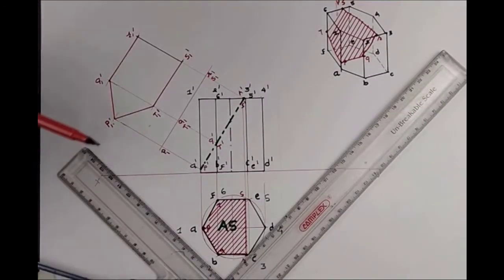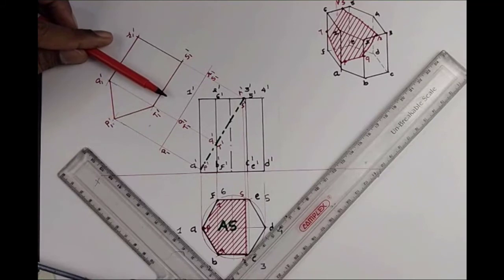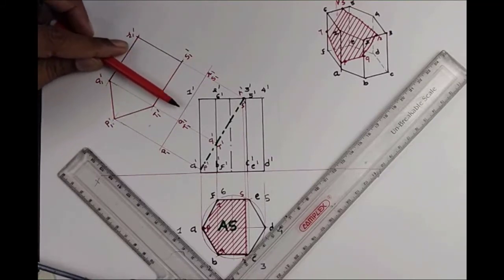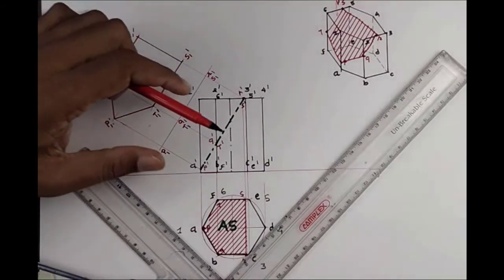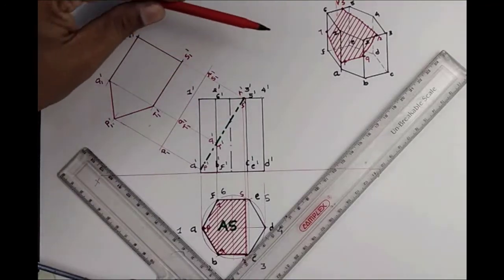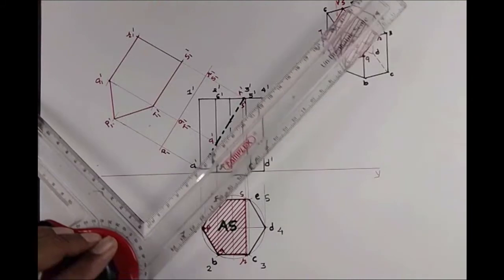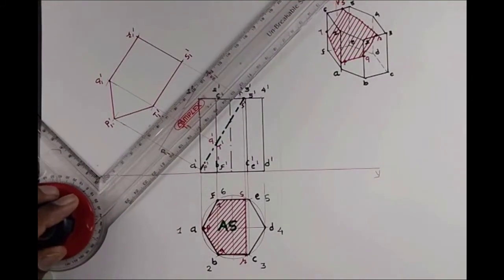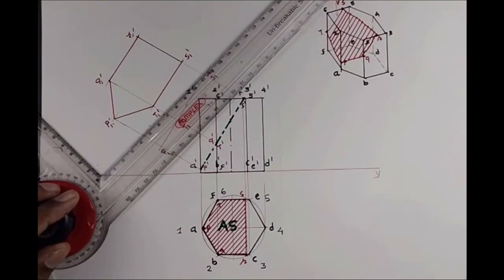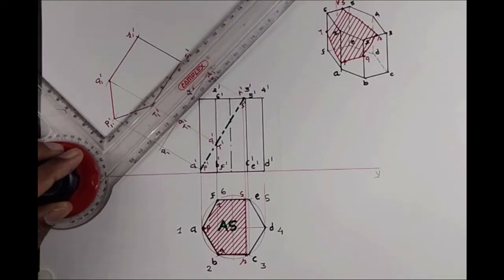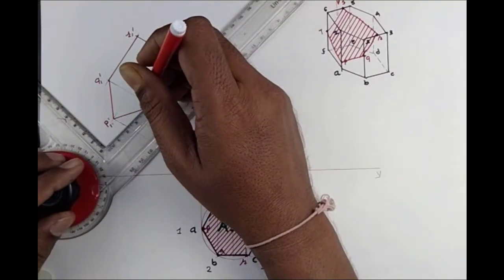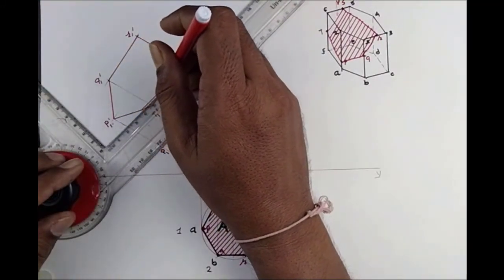When you observe the solid perpendicular to the plane, you always get the true shape. How to show the section line? At a 45 degree angle with the XY line, draw the section lines in your true shape.